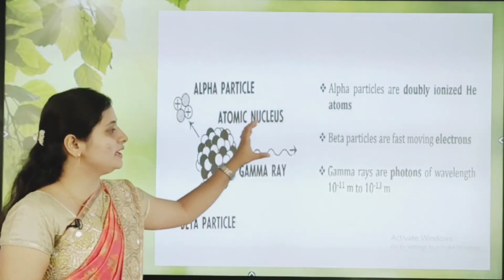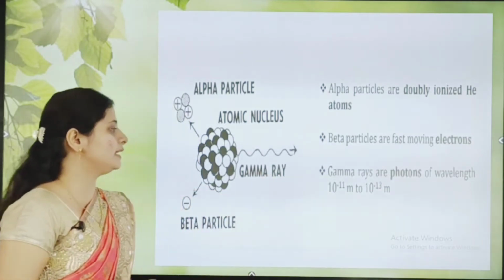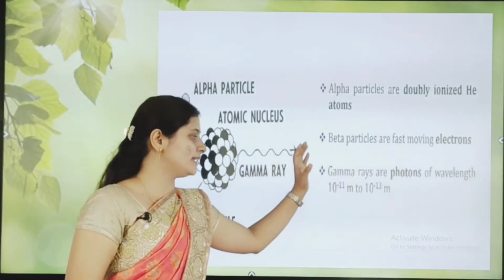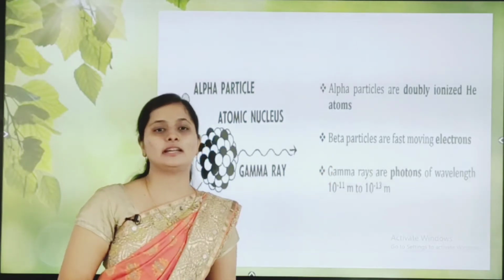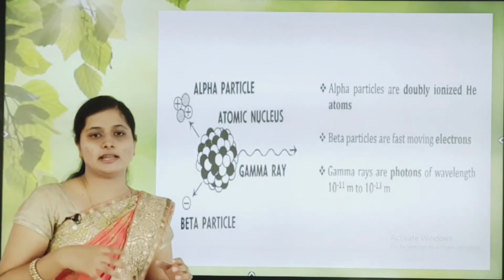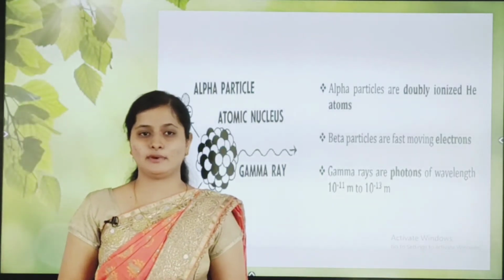Beta particles are fast moving electrons, and gamma rays are photons of wavelength 10 raised to minus 11 meter to 10 raised to minus 13 meter. Okay. This is about the atomic nucleus emitting or ejecting alpha, beta and gamma rays.